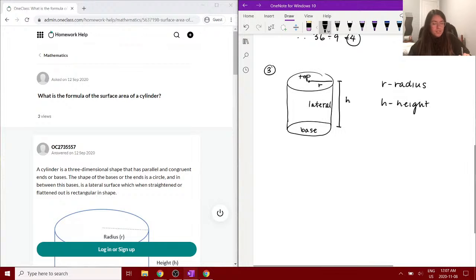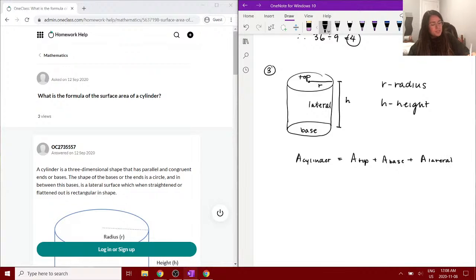And we're going to split this up into 2 different sections. We're going to say that the surface area of a cylinder is equal to the area of the top plus the area of the base plus the area of the lateral surface.